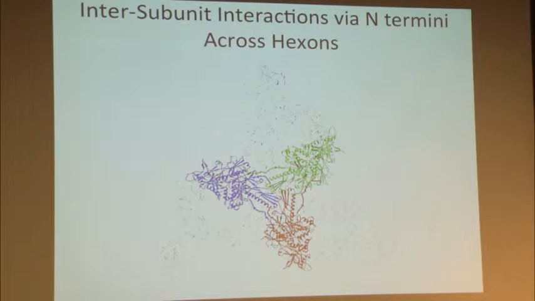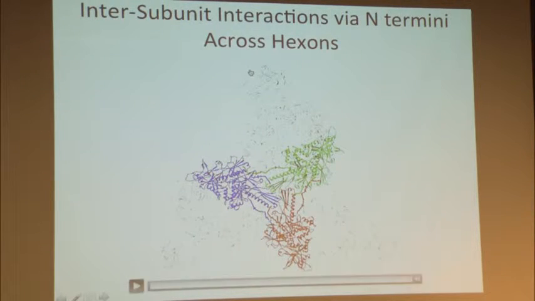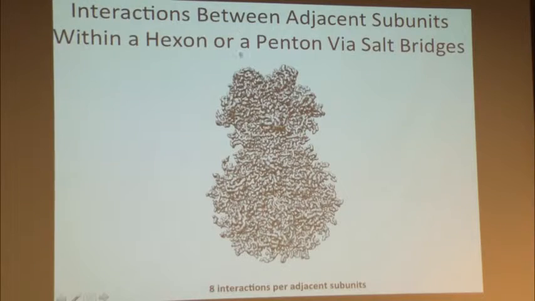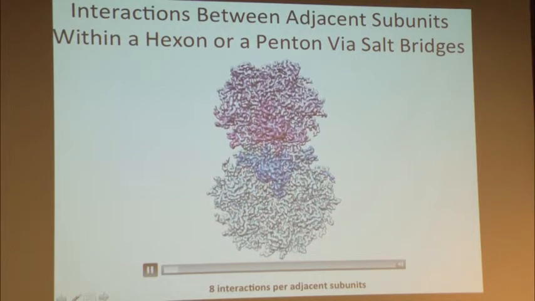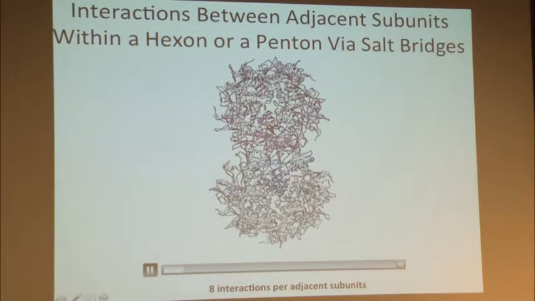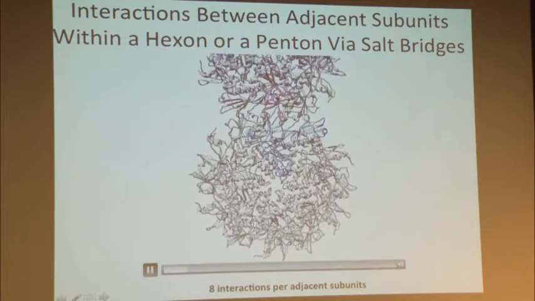chemical cross-linking. And then the other thing that we discover is, looking at the protein within a capsomere, by capsomere, like a hexon, we're looking at the interface between the subunits.